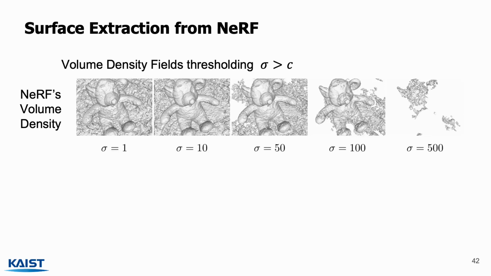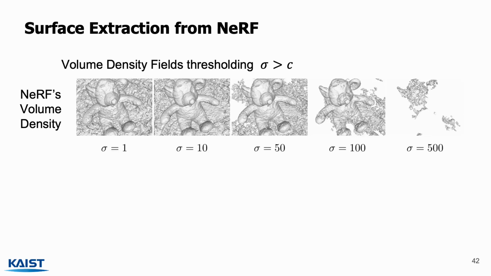Another direction is extracting surfaces from NeRF. If we want to extract the surface with NeRF's volume density, we can threshold with a constant thresholding value C. As you can see here, if we threshold with a low value, then the surface is not clear because the background could be included as a surface. However, with a high thresholding value, most of the surface could be removed.